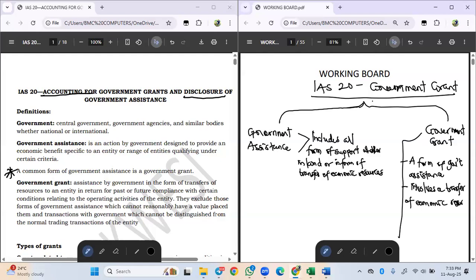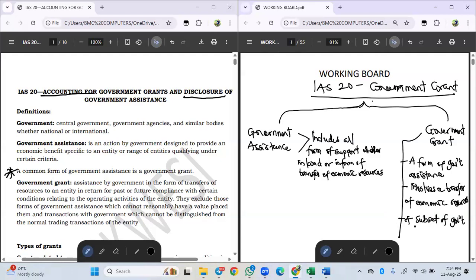Now, please, in accounting, if you talk about economic resources, what does that mean? I'm asking a question. Economic resources is a simple term, and it's one of the most common terms in what?